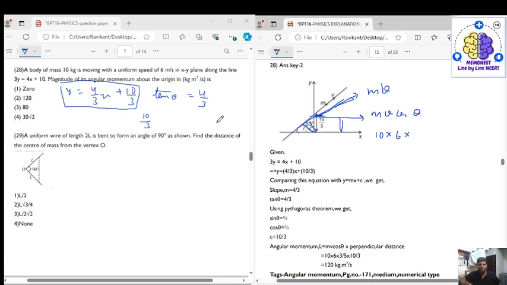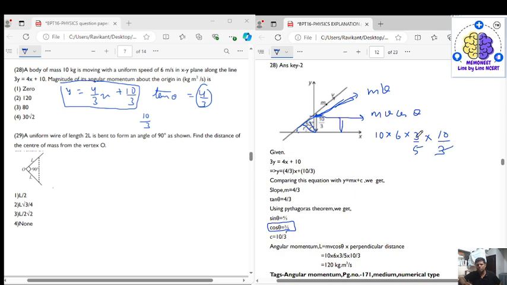Since tan theta is 4 by 3, cos theta equals 3 by 5, into the perpendicular distance 10 by 3.